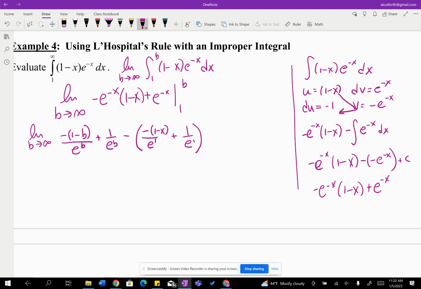So I'm plugging in b. I'm moving this to the denominator to make it positive, and I'm moving this to the denominator to make the negative exponents positive. Because whenever we're doing limits at infinity, you really want to do that.